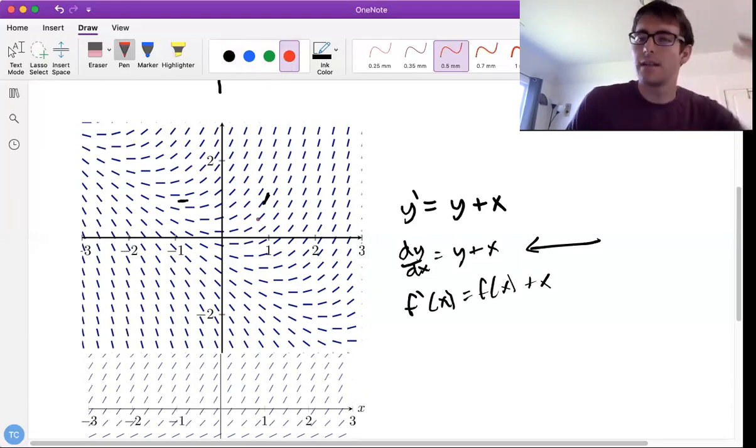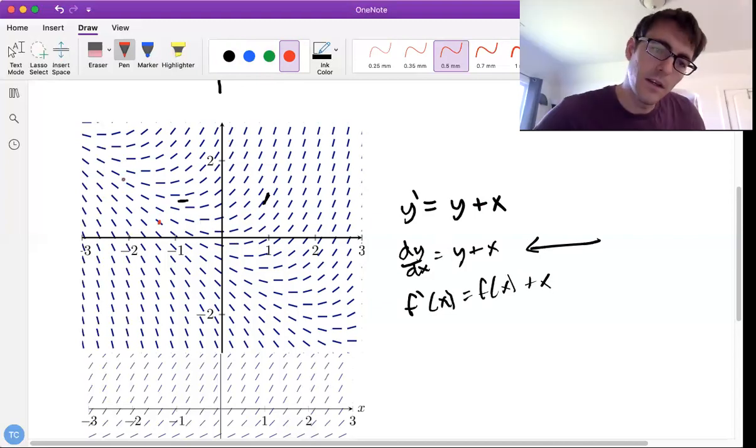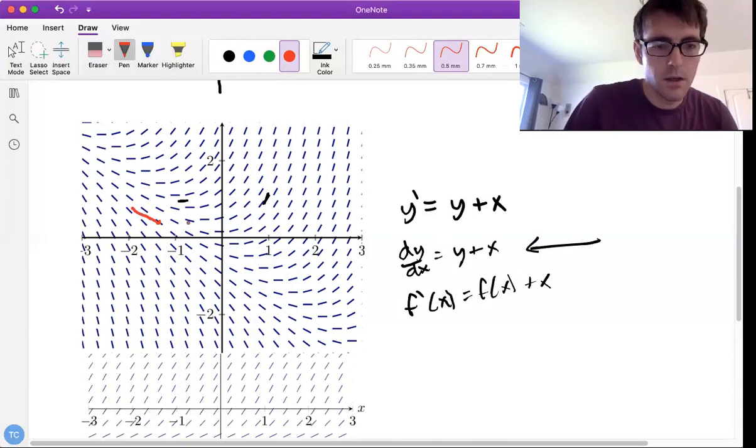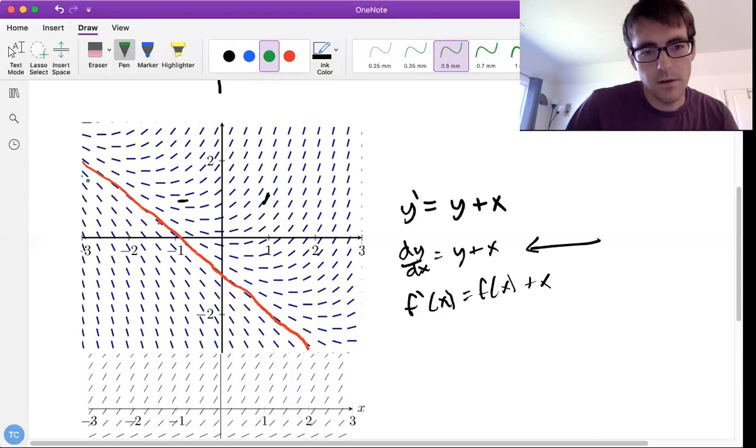So again, to get a sense of what the functions look like that meet this condition, we can pick any starting point and go with the flow. So I picked the point here, which basically says to follow this line. It looks something like that. A point more over here, these also don't change much.